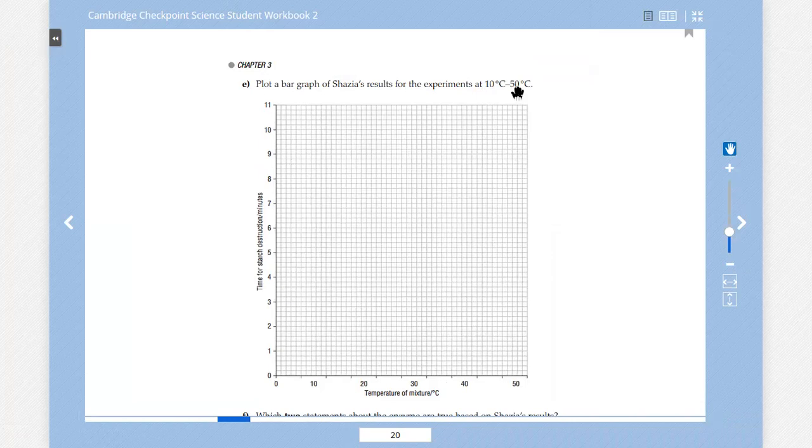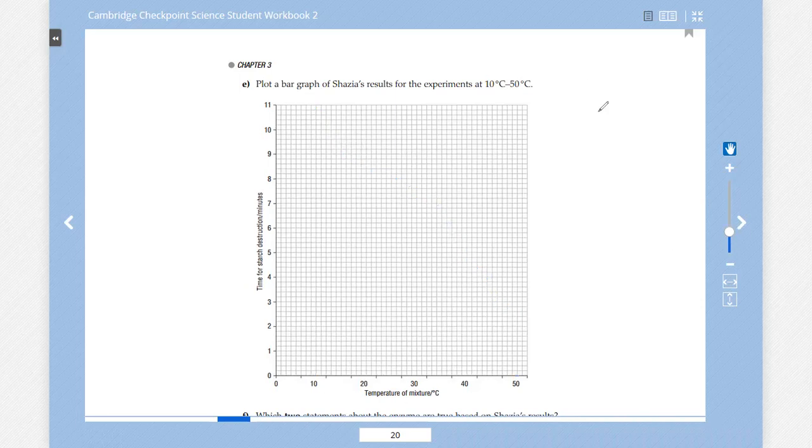Please make the graph like this, with temperature on this axis. For 10 degrees, the time is 11, you can write 11 here. Then this is only my prediction. Up to you how to make it, until 50 degrees, like that, my students.